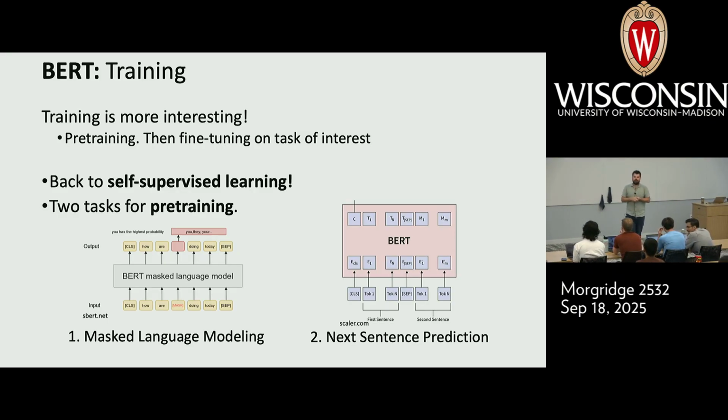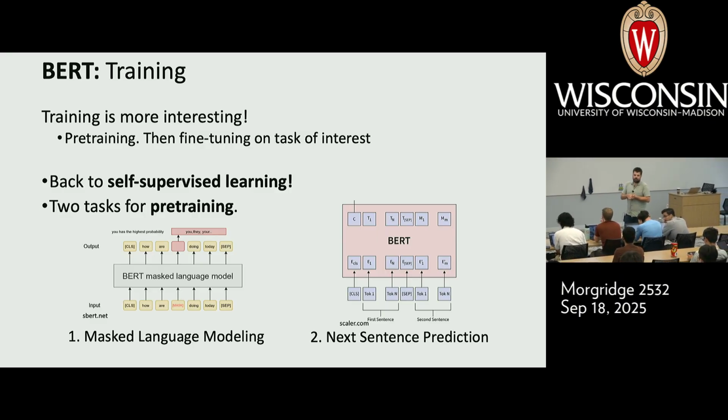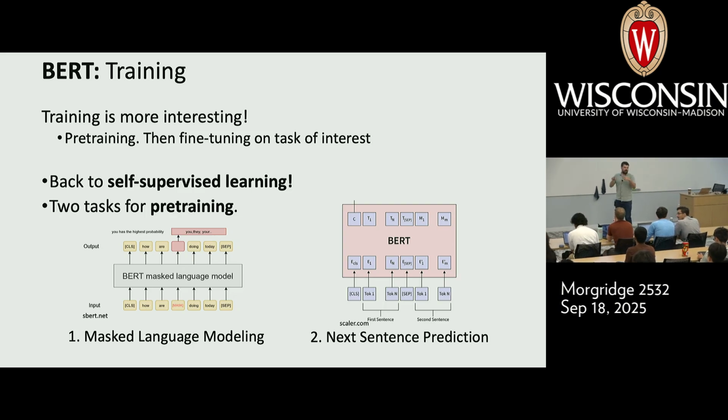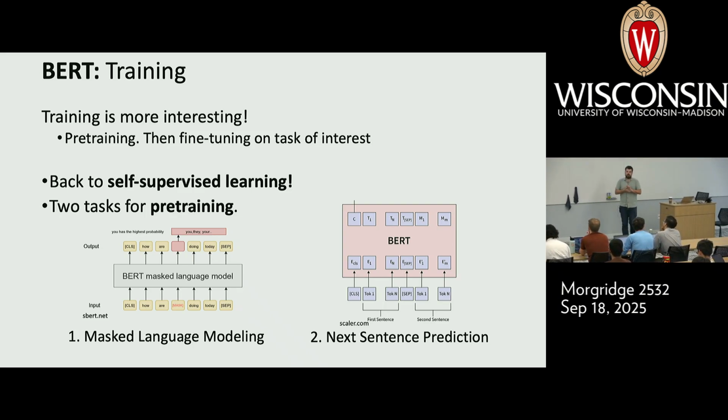Yeah? So for these two tasks, do we train on both of the tasks simultaneously, or do we select them? On both, yeah. Training on both of them will give our model the capabilities that we want. Neither one by itself is really sufficient. So first we train on one, then we train on the other?